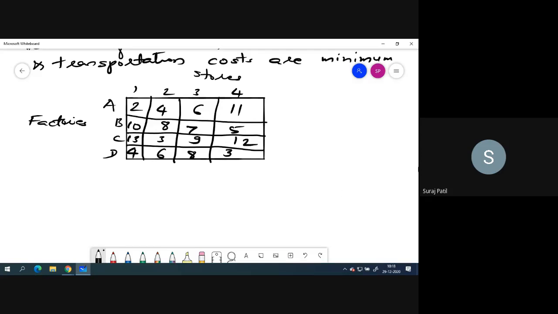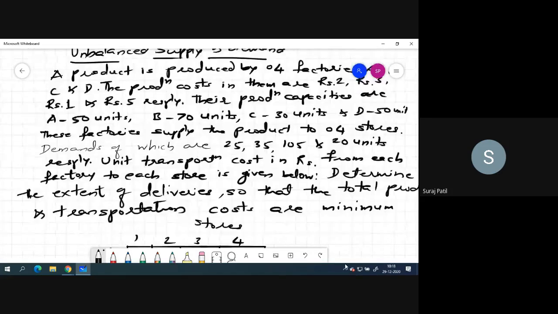A product is produced by 4 factories, A, B, C, D. The production costs are rupees 2, 3, 1, and 5 respectively. Their production capacities are 50, 70, 30, and 50 units respectively.